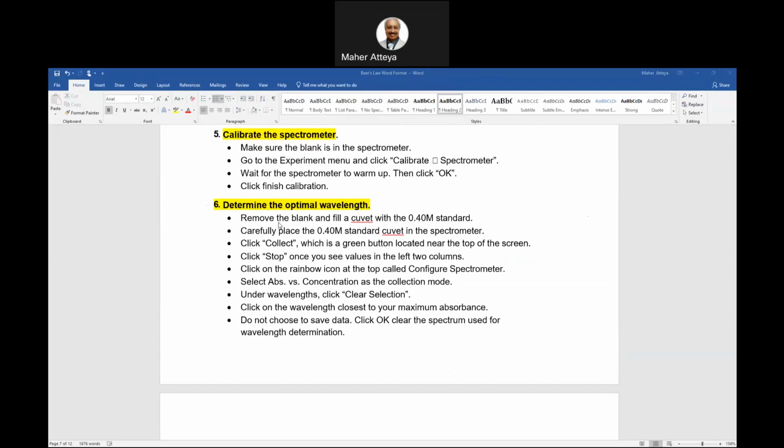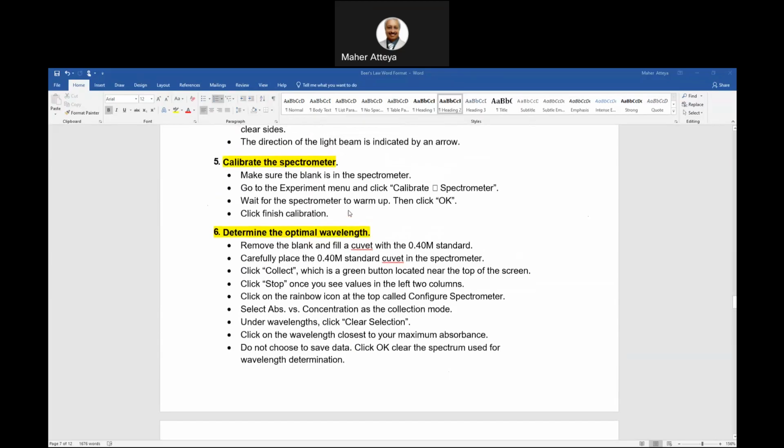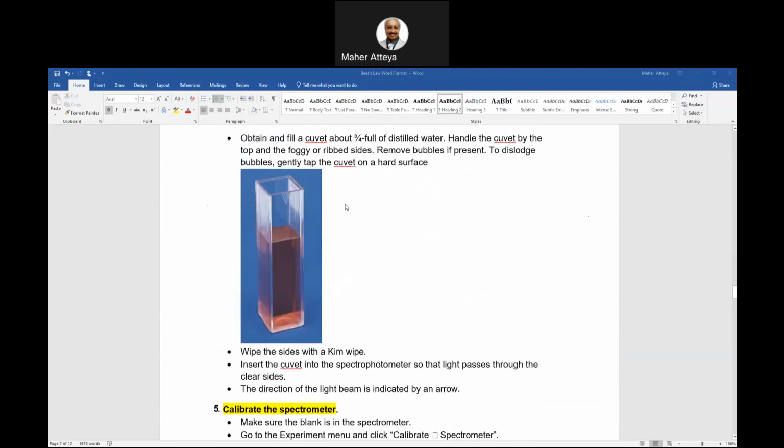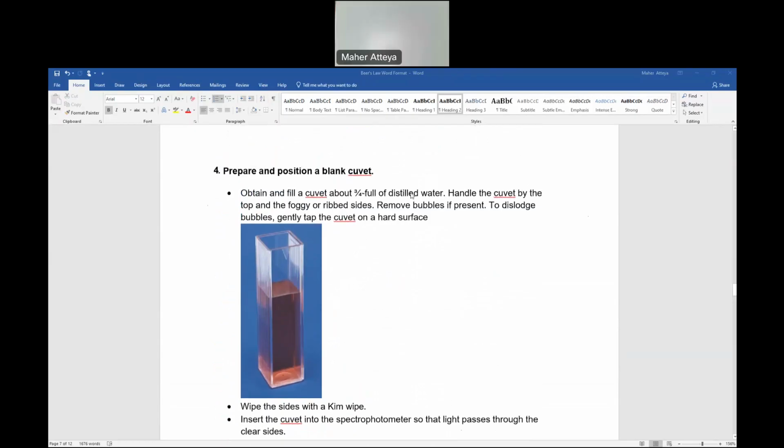So here it is. So remove the blank, correct? Fill the cuvette. Remember when you calibrate, your blank will be H2O. That's what you prepare, a blank cuvette. So that's the first thing you do here, your H2O, because H2O what? H2O will allow the light to go in and go out. It does not absorb light. Why? Does H2O have a color?